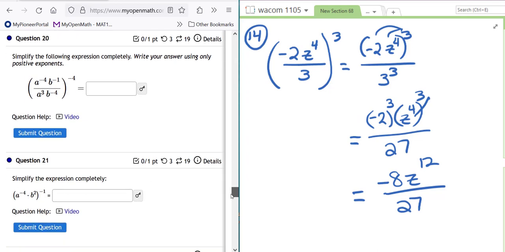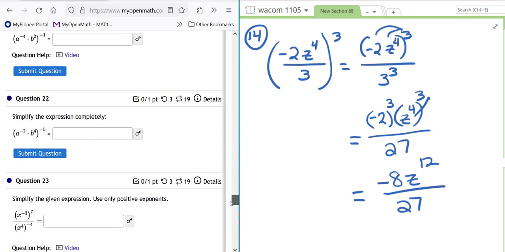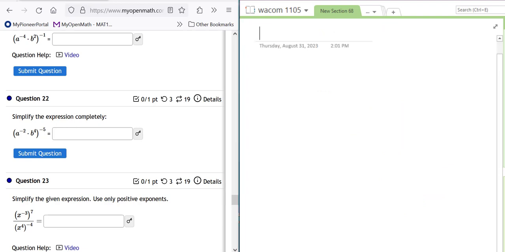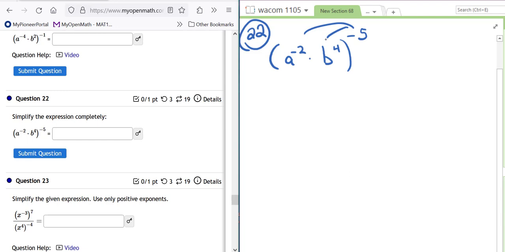Right, I marked 22, so let's go there. The main thing on this one is, and it doesn't really matter, but I would tend to go ahead and use that first rule of a product to a power rather than dealing with the negatives, right?